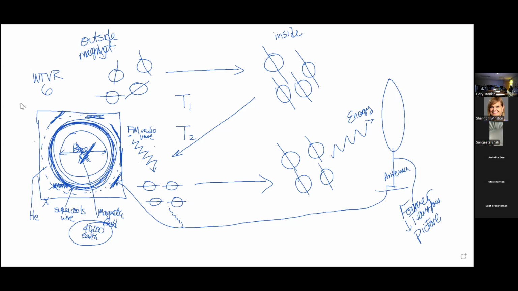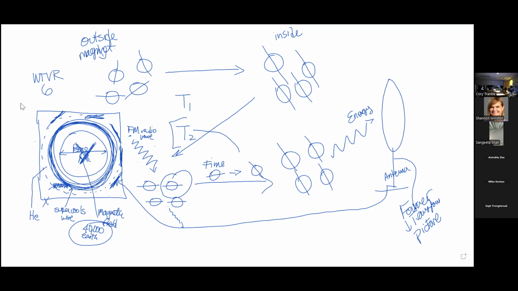Well, the first thing, let's talk about the T2. The T2, very simply, is the time that it takes for these protons right here to go from this orientation to this orientation.